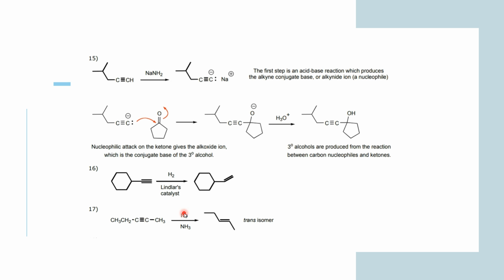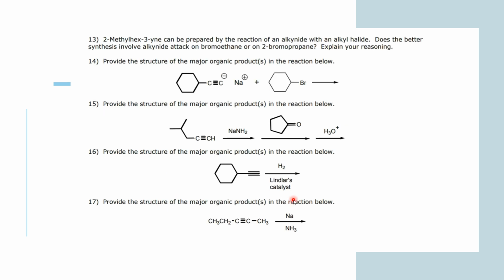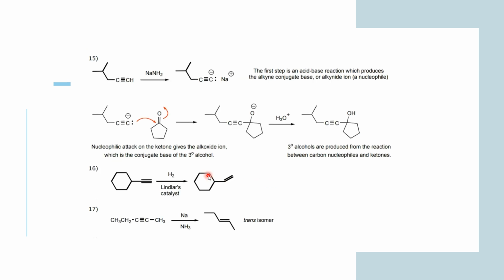So for that purpose, chemists use substances which prevent such over reduction. So for this reaction, after getting cis addition of hydrogen, you get this terminal alkene as the product.